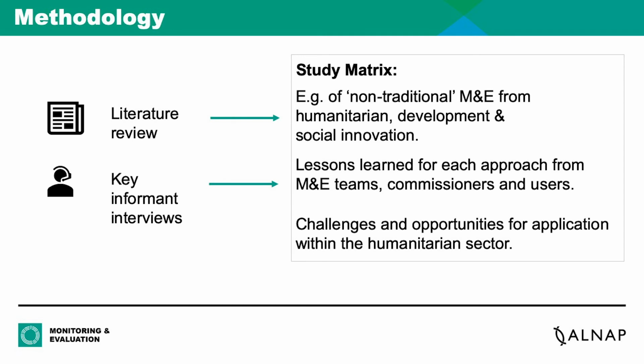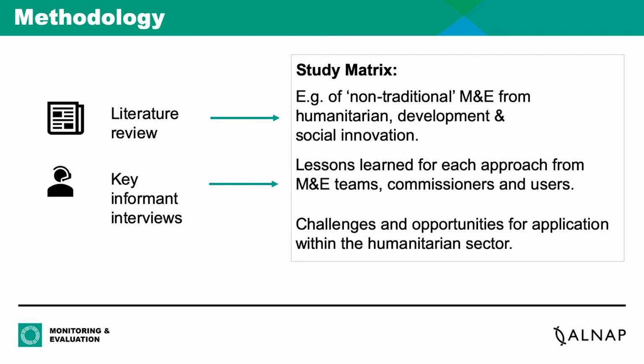We also look for lessons learned for each approach from monitoring and evaluation teams, commissioners, and users. So we're looking at the lessons that could be learned from those approaches and applying them to the different stakeholders in the M&E system. And then lastly, we were looking for challenges and opportunities for application within the humanitarian sector.